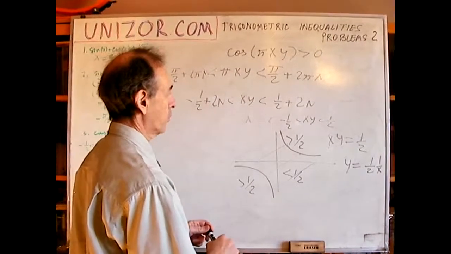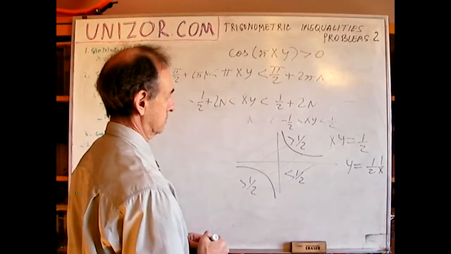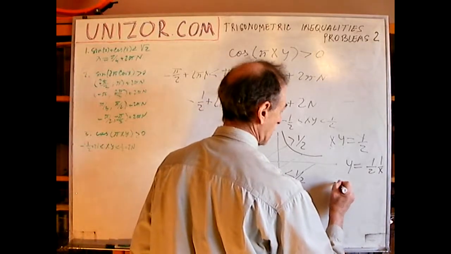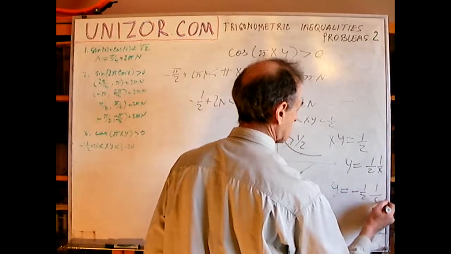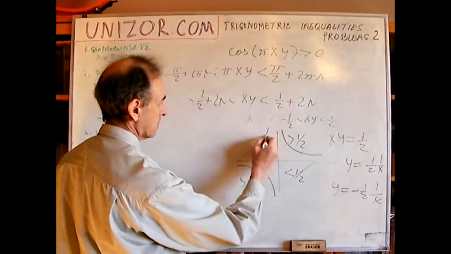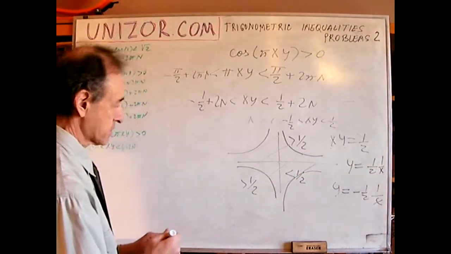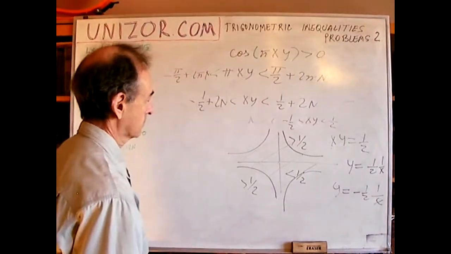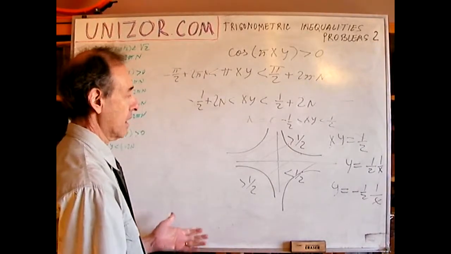Now, what about xy greater than -1/2? Well, again, first of all, let's draw y is equal to -1/2 of 1/x. Now that would be this, right? These two curves represent this particular graph. And now we need, again, how does it divide the area?